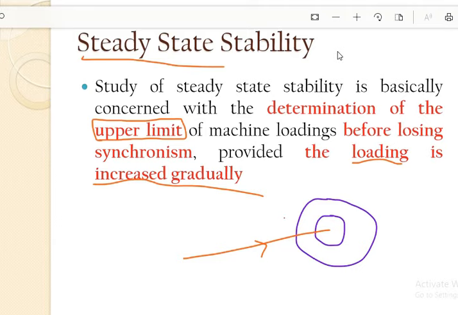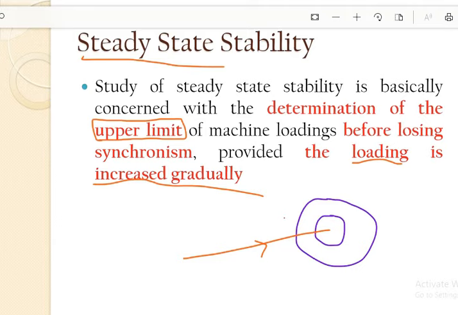So this type of stability is called steady state stability, where even when the load is increased gradually, if a small disturbance is increased gradually, your system is capable of bringing the machine back to its initial state or back to synchronism, you can say that your system is steady state stable. And there is a limit beyond which, if you increase your disturbance, the machine will lose its synchronism and become unstable.